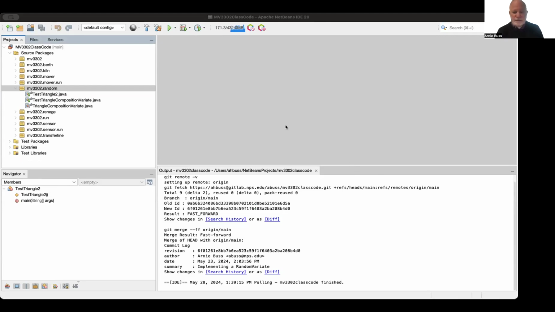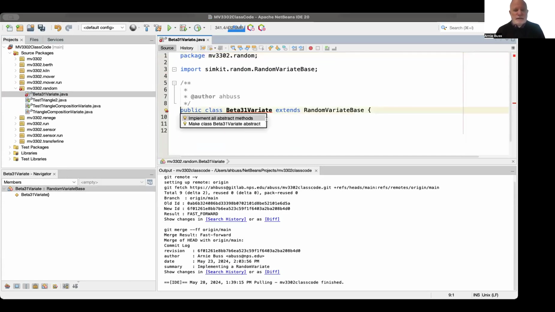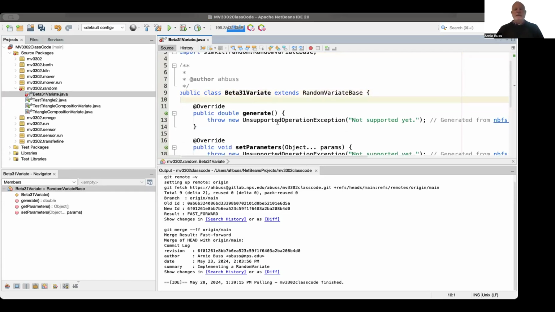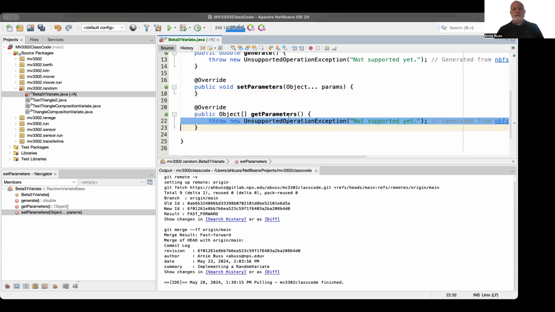And let's extend. Okay, now since we're hard coding in what the distributions were, we don't have anything to set.